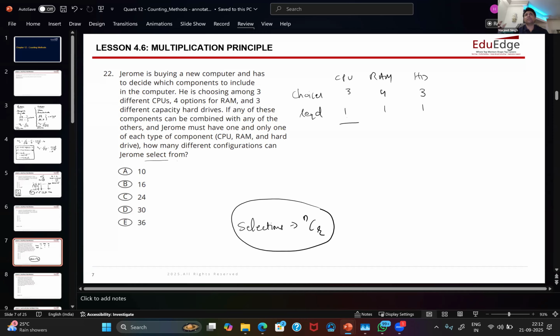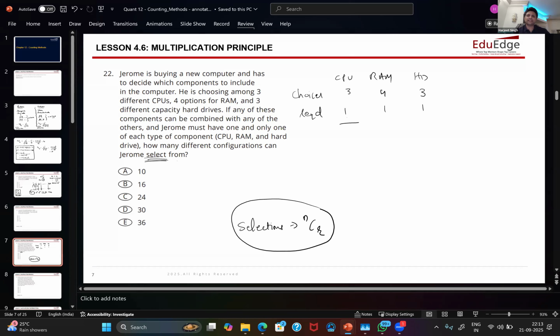And whether you have to use selections or whether you need to use permutations and arrangements will be given in the question, generally somewhere in the question stem. So here, clearly it's written select, which means it's a matter of choice, which means it's not arrangement. Whether you select CPU first or RAM first doesn't matter. So it's a matter of choices here, only selections, not arrangements.